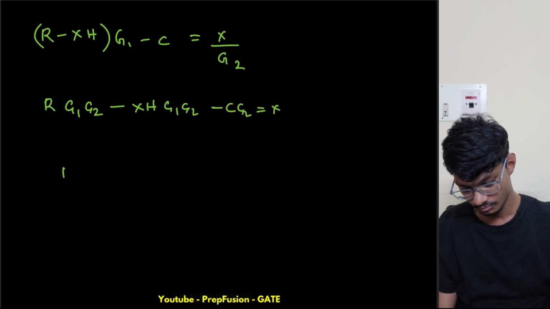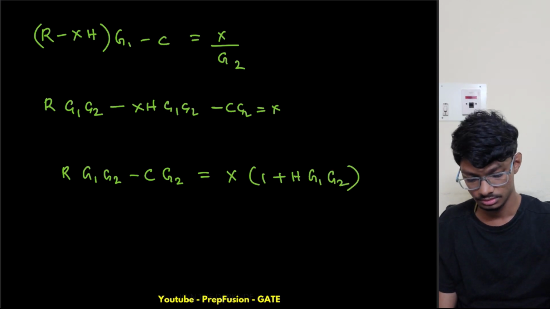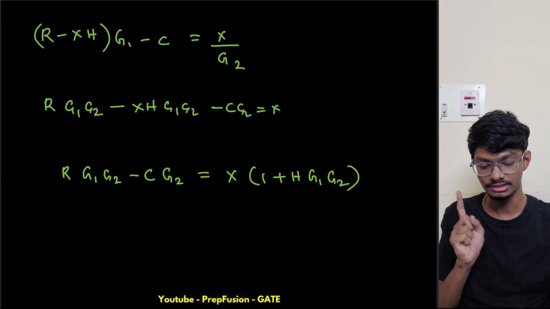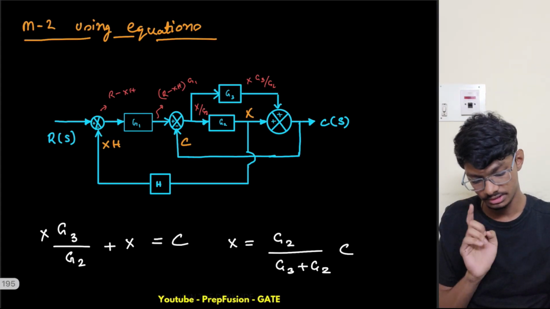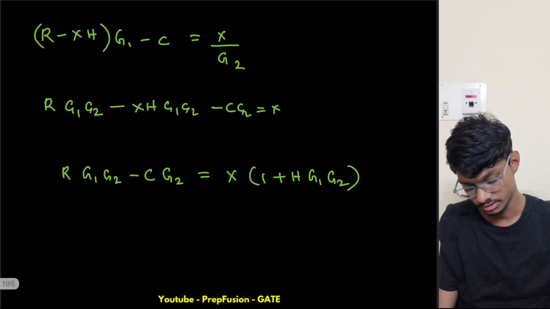So r g1 g2 minus c g2 equals x times 1 plus h g1 g2. Okay, now what I will do is replace x by c. So what is x? G2 by g3 plus g2 into c.